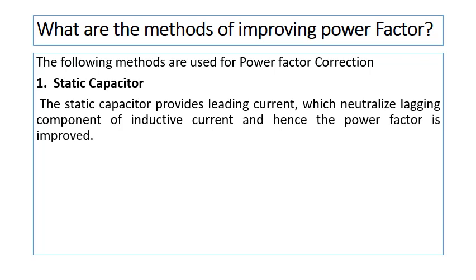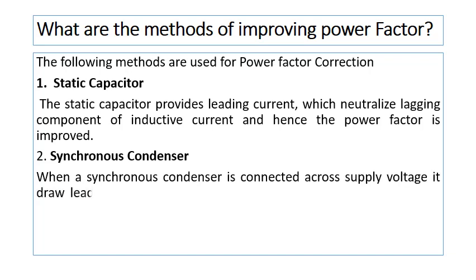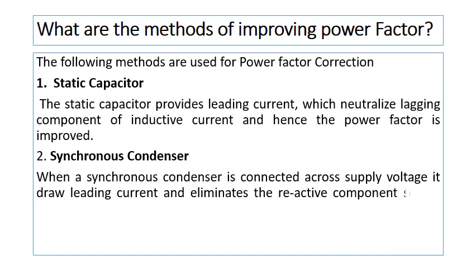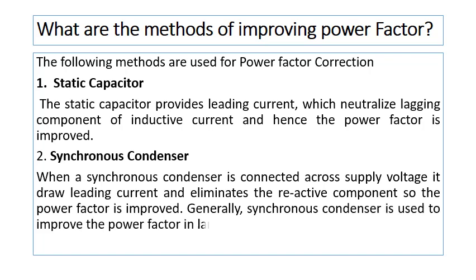Number 2. Synchronous condenser. When a synchronous condenser is connected across the supply voltage, it draws the leading current and eliminates the reactive component. So the power factor is improved. Generally, a synchronous condenser is used to improve power factor in large industries.